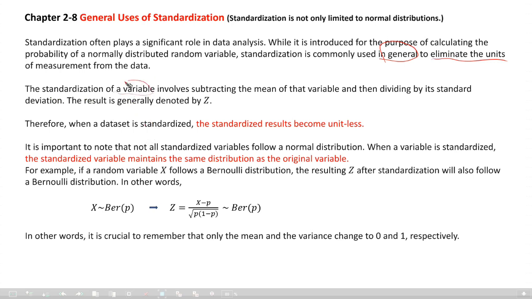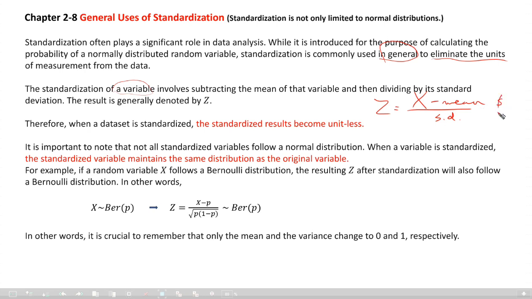Standardization of a random variable involves subtracting the mean of that variable and then dividing by its standard deviation. The result is generally denoted by z. You see x minus its mean, divided by the standard deviation. So you may eliminate the unit.